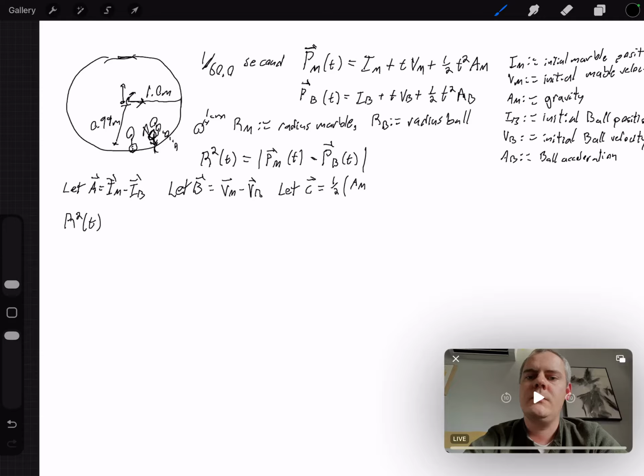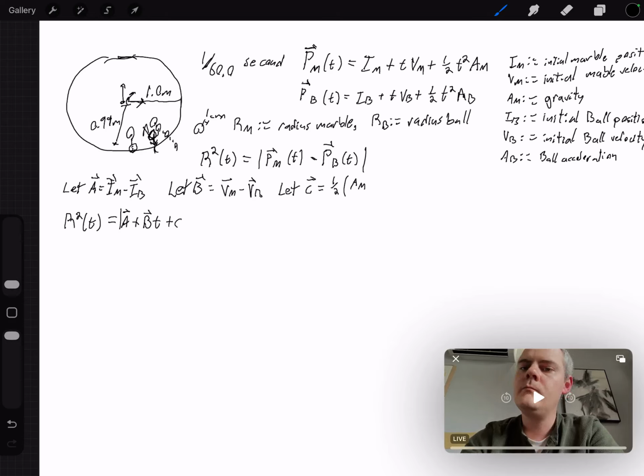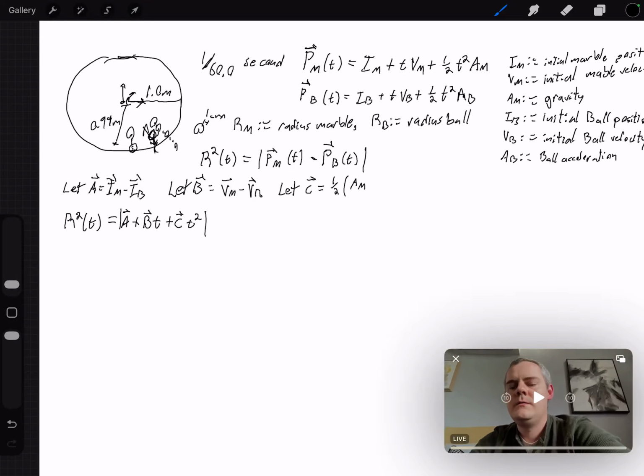r squared is equal to the length of A plus... okay. More good progress here.